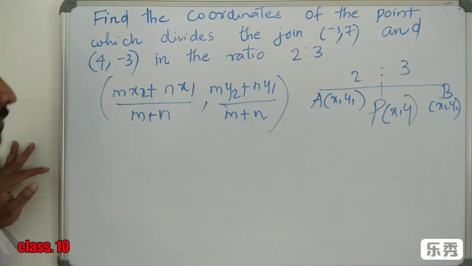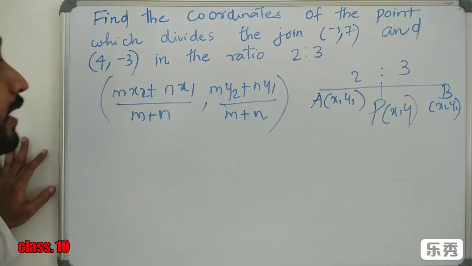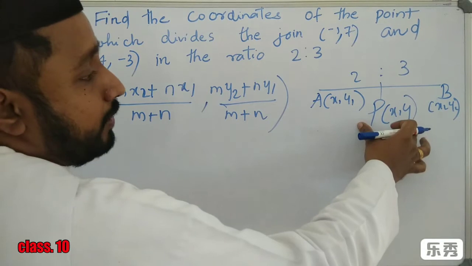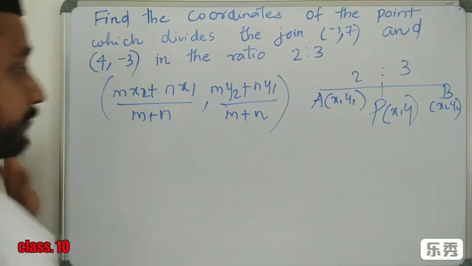The coordinates of C are ((m x2 + n x1) / (m + n), (m y2 + n y1) / (m + n)). Here we consider the point P(x, y).